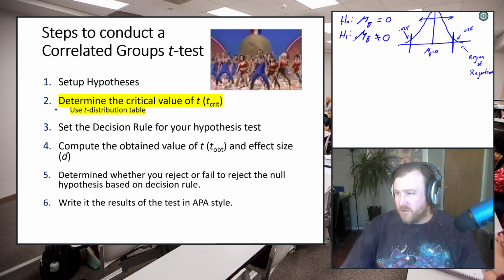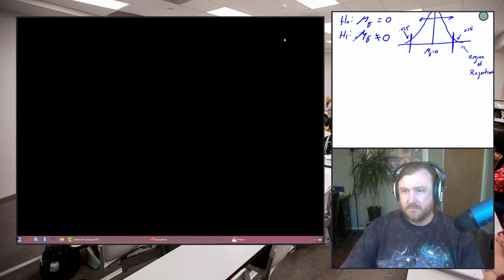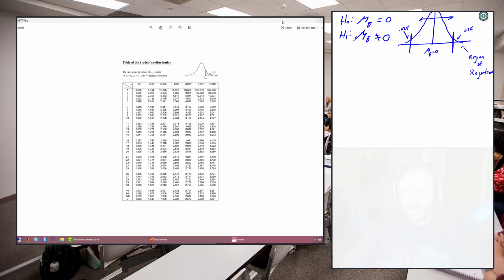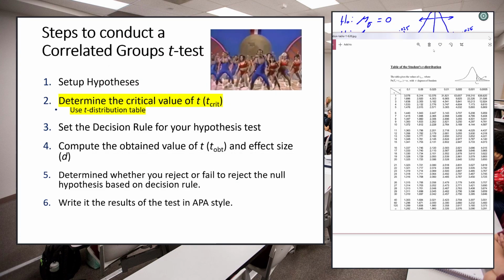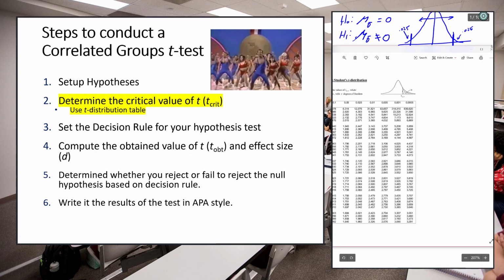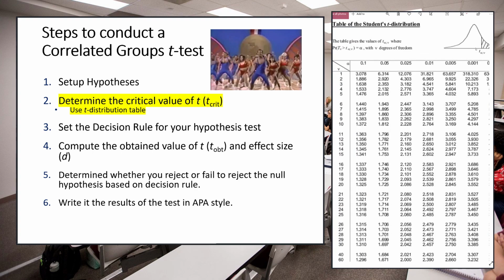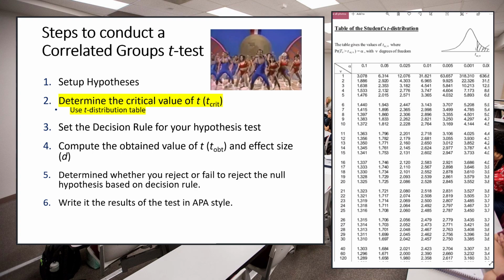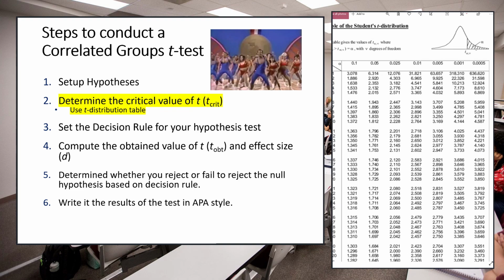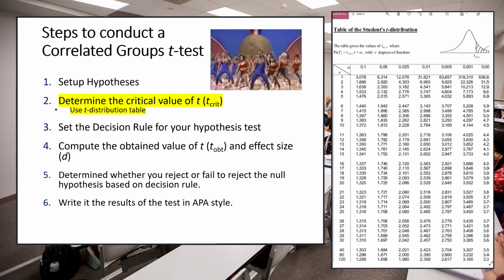So now what we need to do is determine our critical value of t. And so let me move this over to the whiteboard. So here we can see that, over in this far left column, this represents the degrees of freedom for our test.